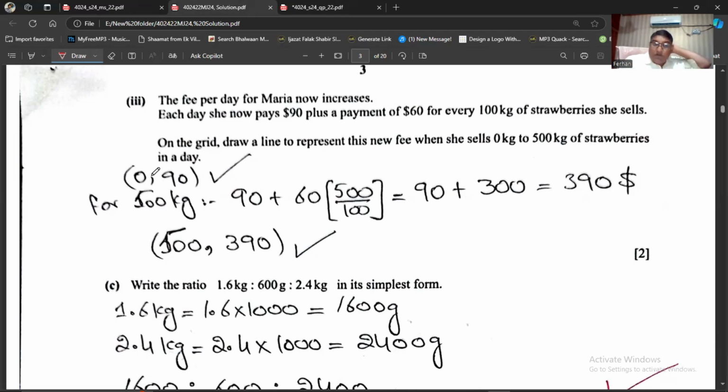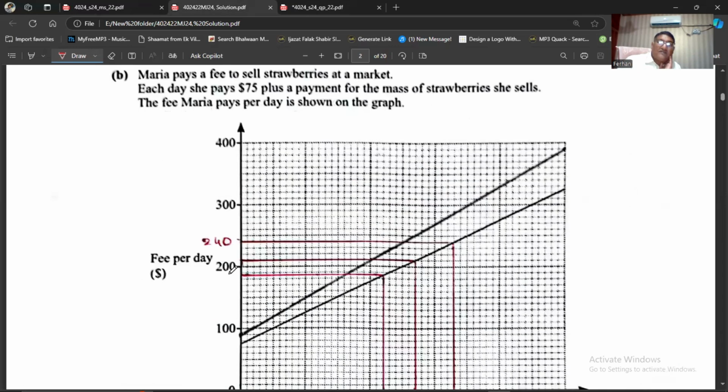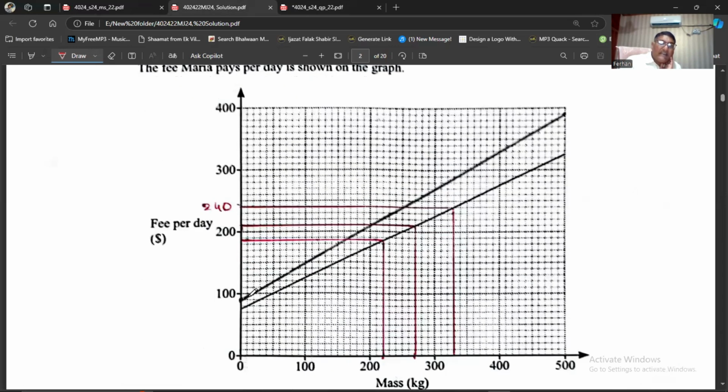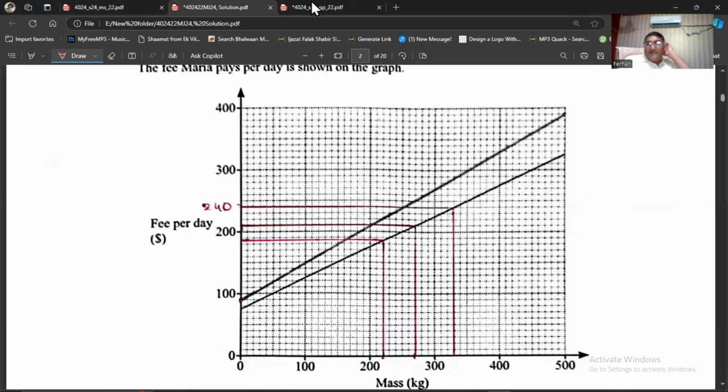I will plot these 2 points on my graph, 0 comma 90 and 500 comma 390. Then I will join these 2 points with a straight line. So this is that graph. I hope you understand.